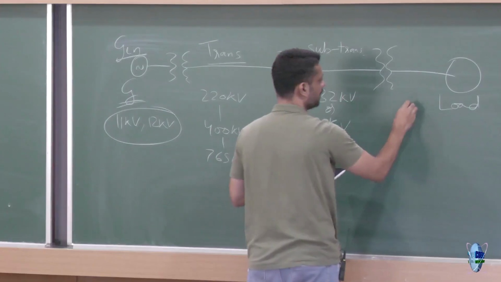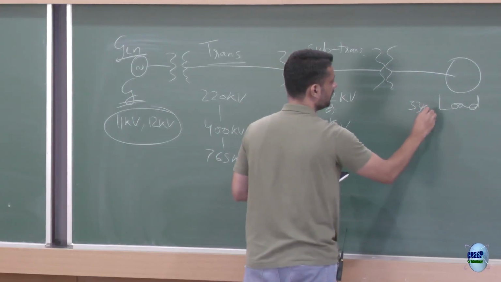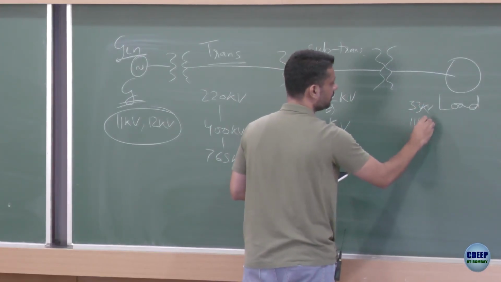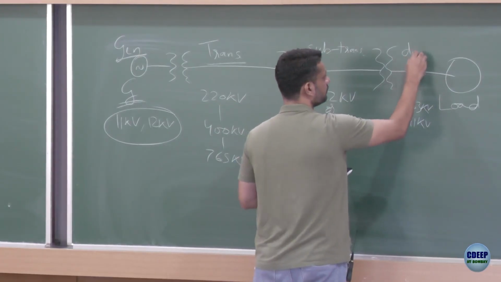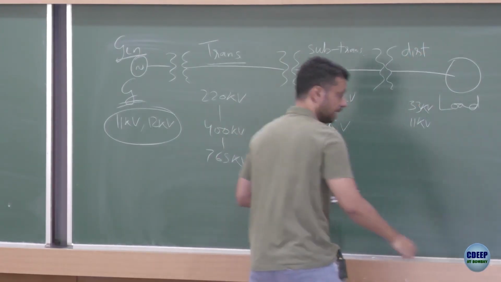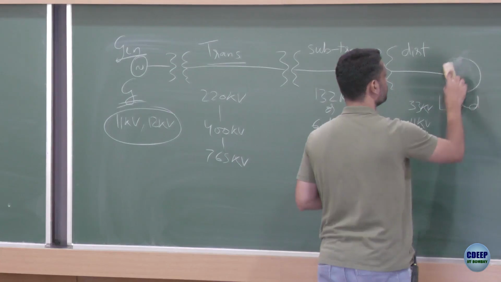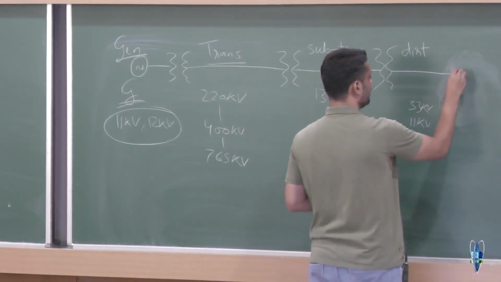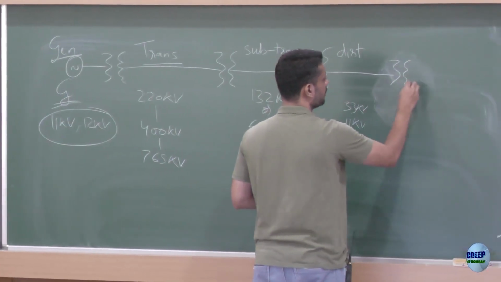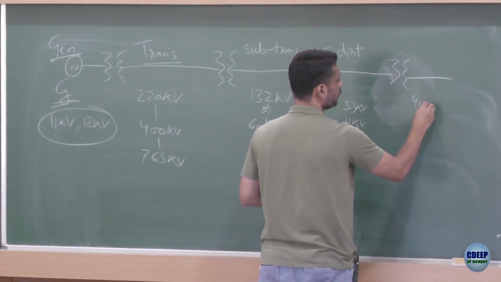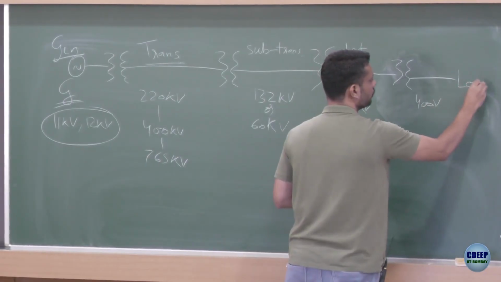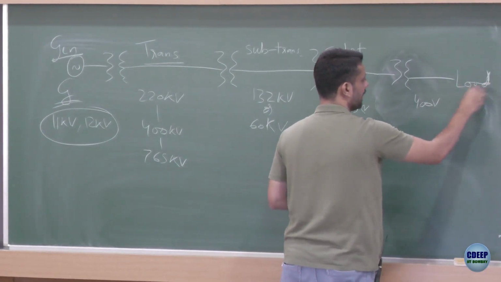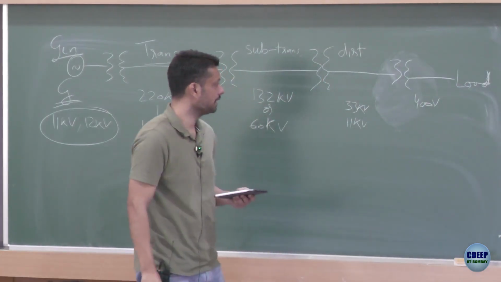And then you step it down further to, let's say, 33 kV or 11 kV, which is distribution. And then further that 33 or 11 kV gets stepped down to 400 volt and goes to the load as 3-phase or as single phase 230 volt supply.